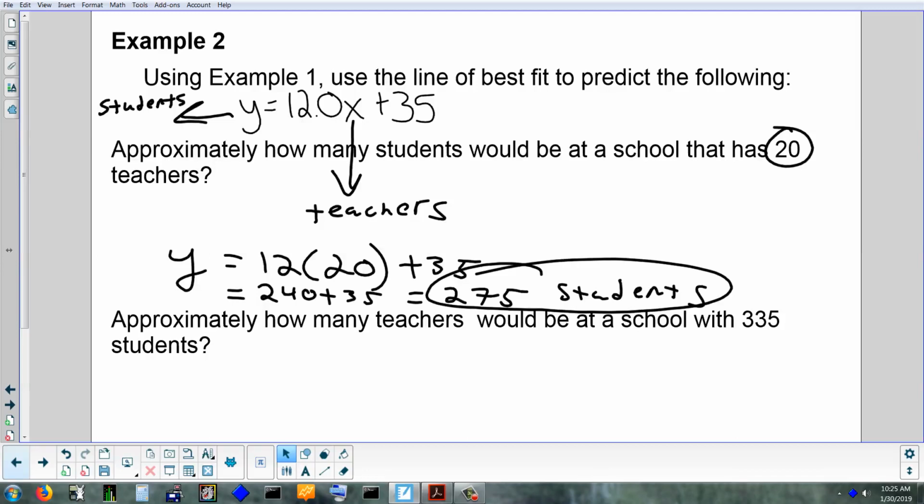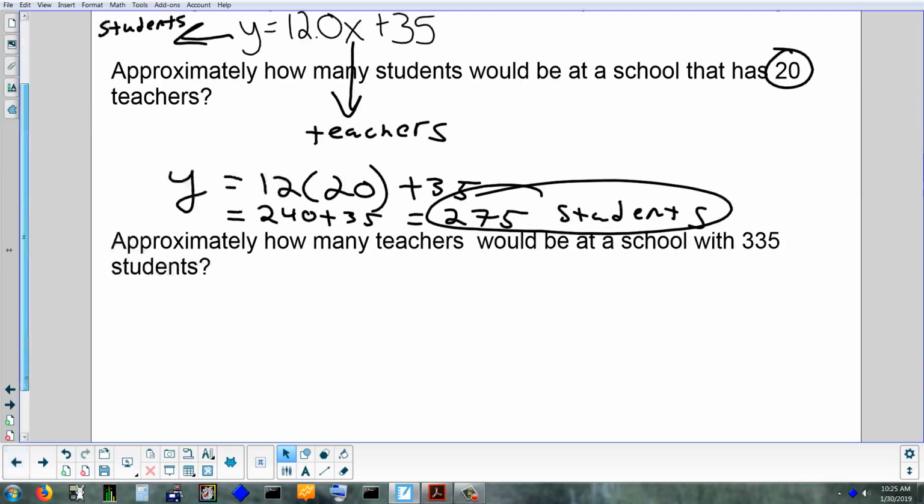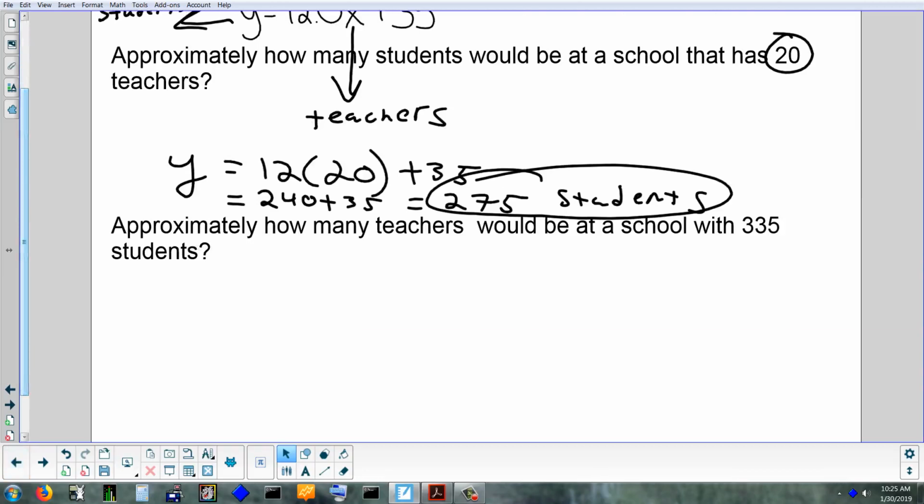That's the prediction. Now we're going to make a prediction the other way. How many teachers would be at a school with 335 students? Before I do it, what kind of answer should you get? A whole number, right?